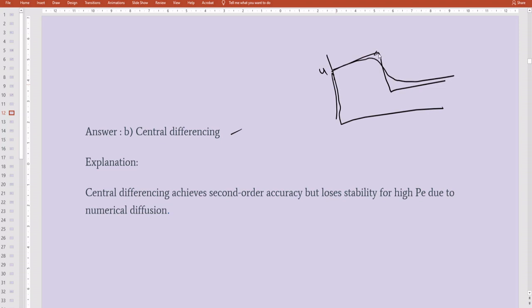So sharp changes in the solution may not be captured well when we are using this standard differencing scheme in high Peclet number situations. I think our lectures are yet to reach numerical diffusion, but this part will be discussed later.